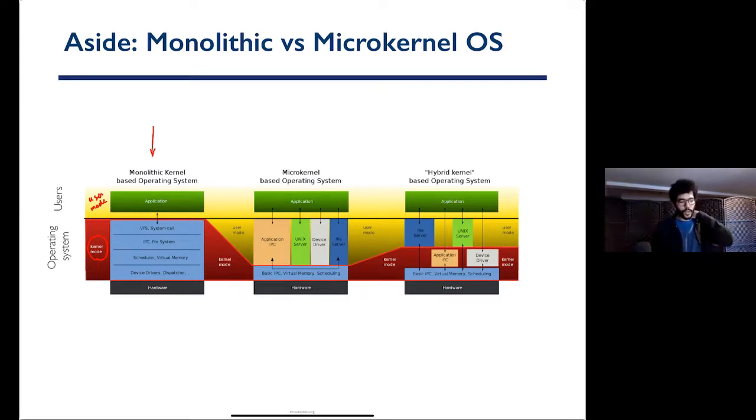The idea of microkernels was that let's minimize what can run in kernel mode, and we probably want to just run the bare minimum in kernel mode. Other functionalities of operating system, things that operating systems should do, we'll run them in user mode.